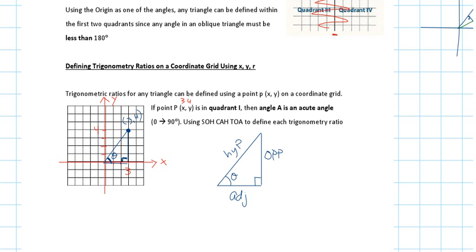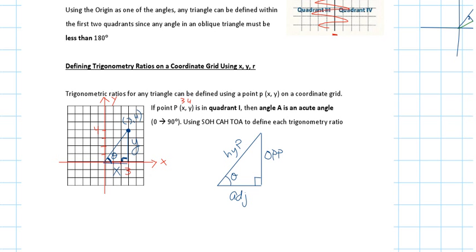Okay, so if I'm looking back at this triangle here, this is your y value, isn't it? This right here, that's your y. And what is this? X. And this is the hypotenuse. It's the radius of your circle. If I'm actually going to draw a circle here, that's your radius.